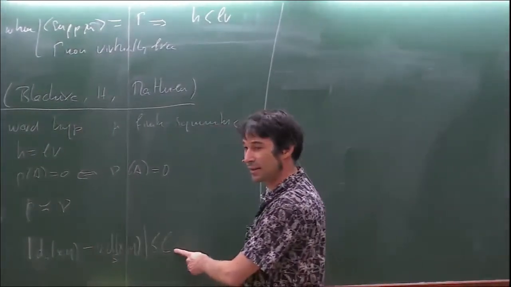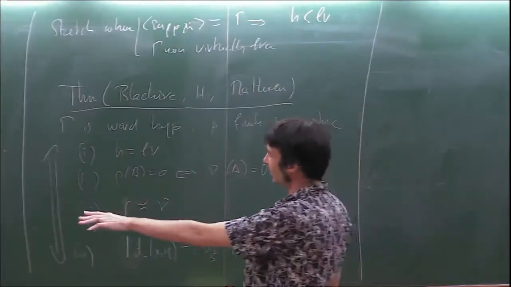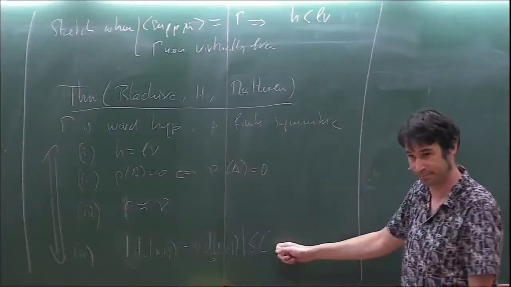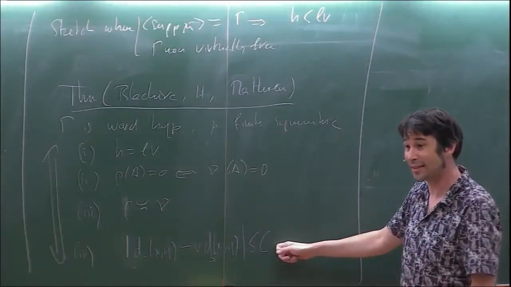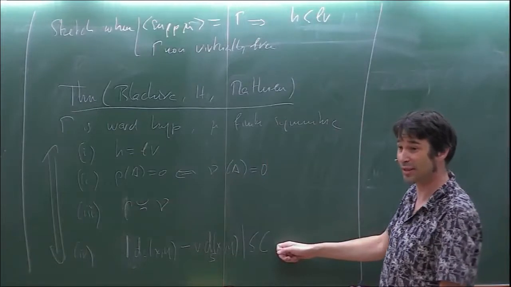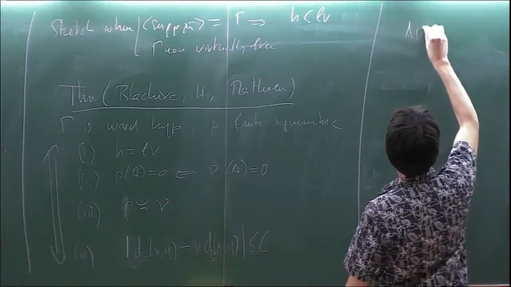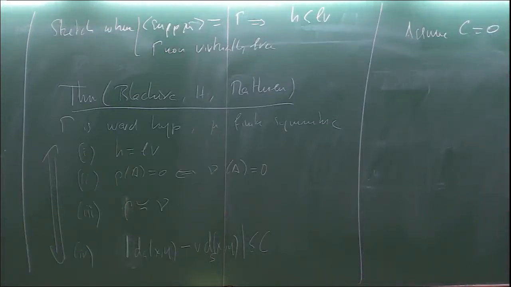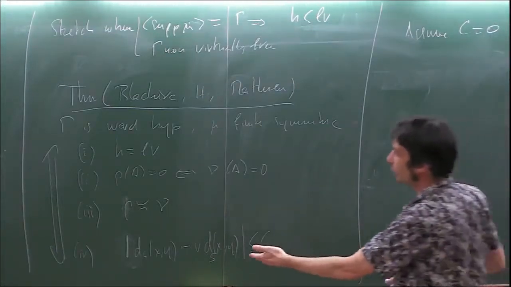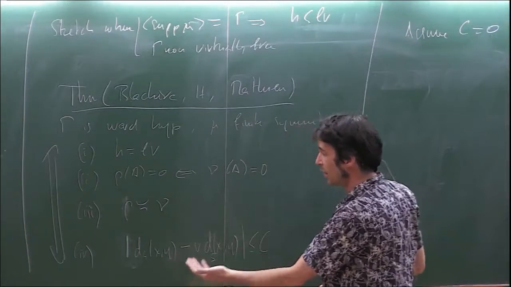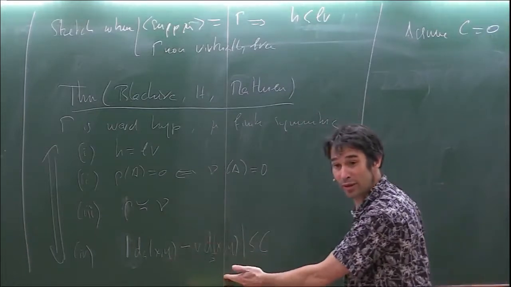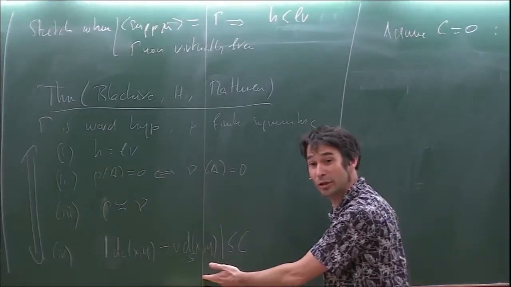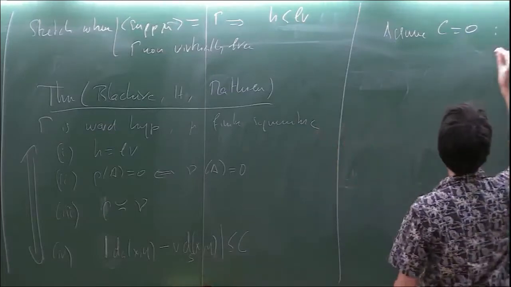So one case which is easy: to prove this theorem, they use this property. If C is 0, then this is very easy, because then both metrics are proportional. And what do you know about the word distance? It takes only integer values.